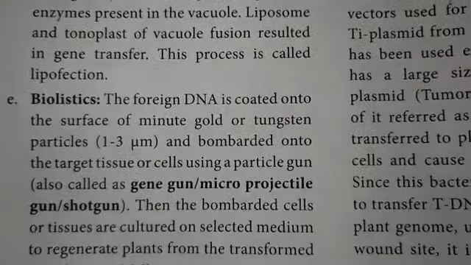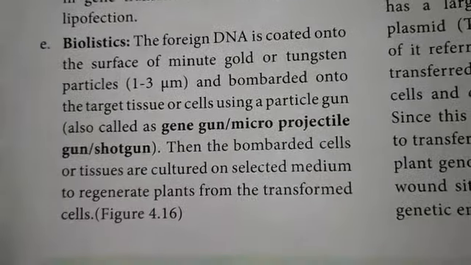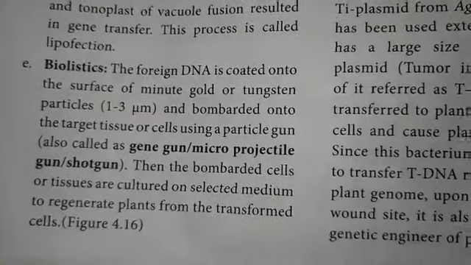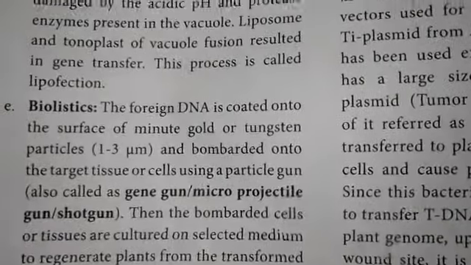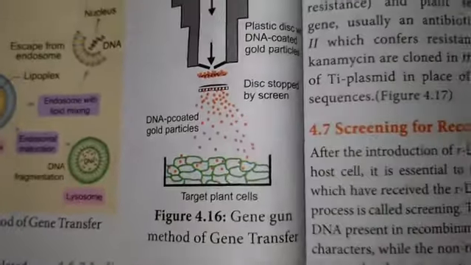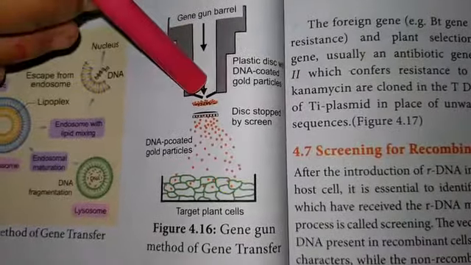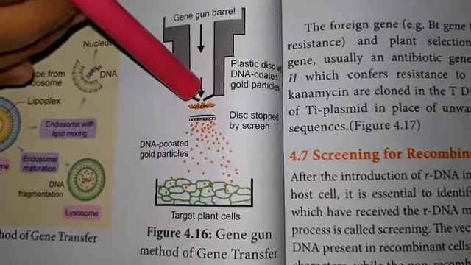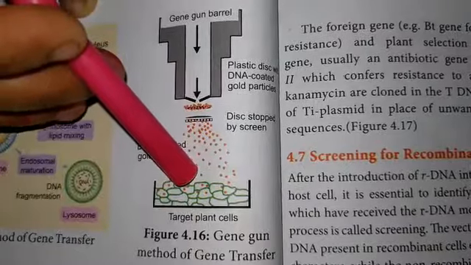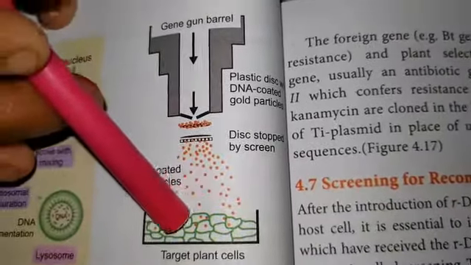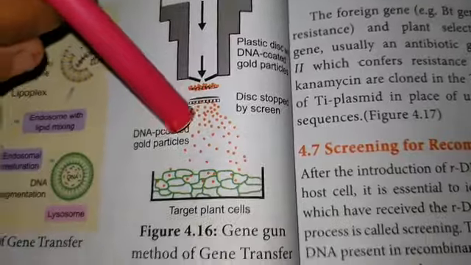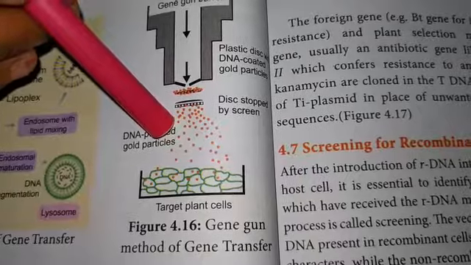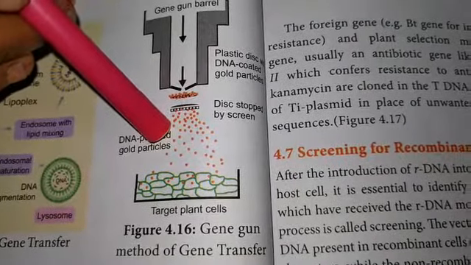The next topic is biolistics. The foreign DNA is coated onto the surface of minute gold or tungsten particles and bombarded onto the target tissue or cell using a particle gun, called a gene gun, microprojectile gun or shotgun technology.